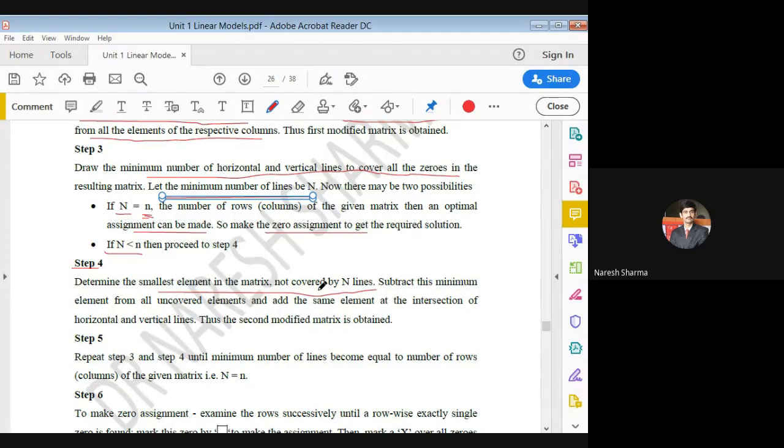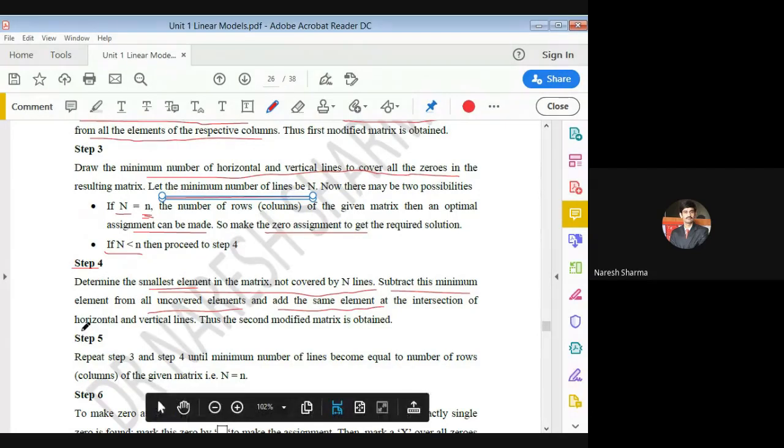You just choose the minimum or smallest element from the uncovered elements, first thing. Then subtract this minimum element from all uncovered elements, second thing. Third, add the same minimum element at the intersecting points, where the horizontal and vertical lines intersect. Then the second modified matrix is obtained.